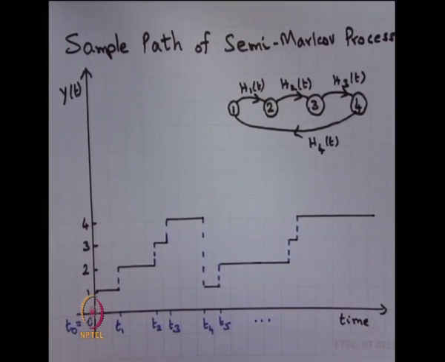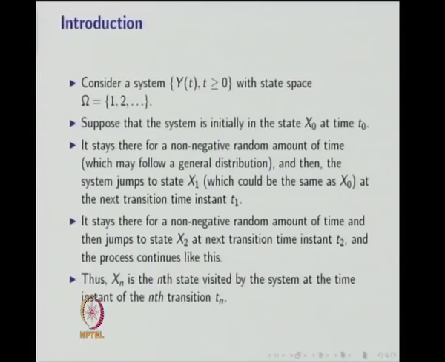Go back to the previous slide. The system was in the state x0 at time t0, and at time t1 the system moved to the state x1 and so on. Thus, xn is the nth state visited by the system at the time instant of the nth transition Tn.